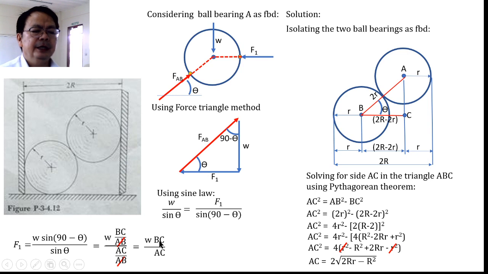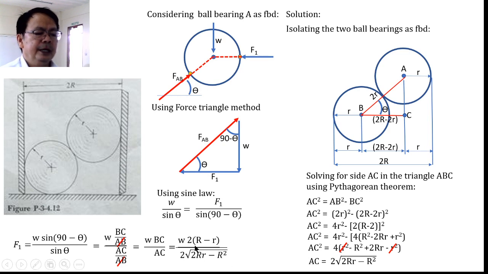So BC is this angle by this side, that is equal to 2 times the quantity R minus r, while AC is already computed to be this value, and that is equal to 2 times the square root of 2Rr minus r squared.